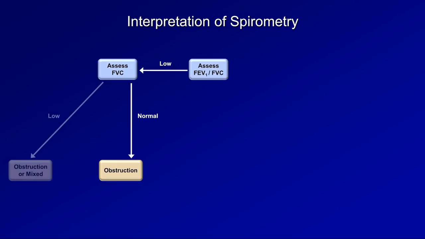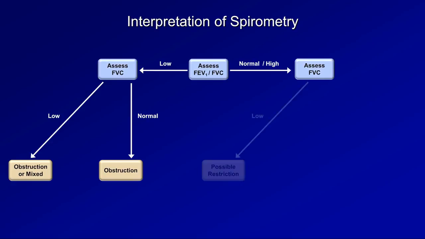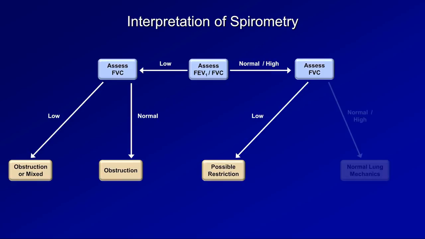If the FVC is low, the patient may either have severe obstructive lung disease alone or a mix of obstruction and restriction. Returning to the ratio at the top, if it's normal or elevated, assessing the FVC is still the next step. If the FVC is low, the patient may have restrictive lung disease. If it's normal or high, the patient has normal lung mechanics.